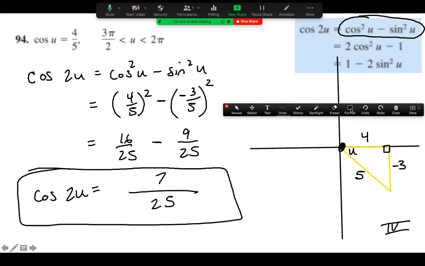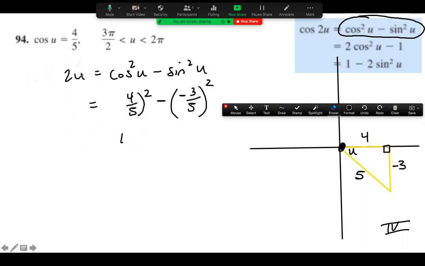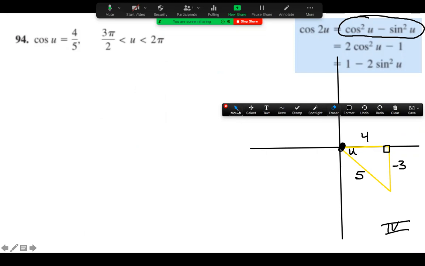So again, here I'm going to erase, and we'll work on the tangent of twice the angle. And there's a couple ways we could do this.